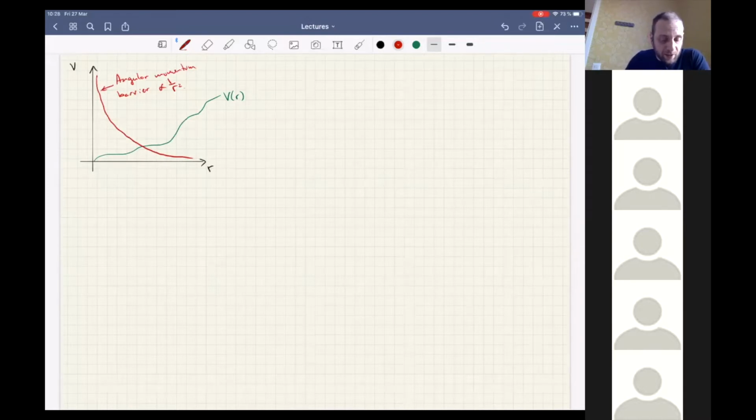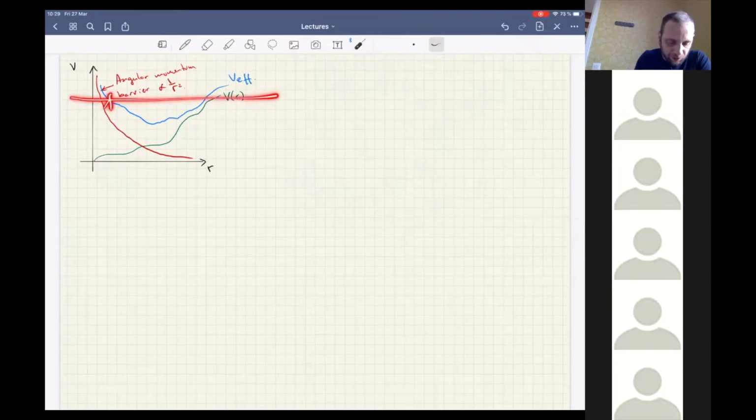So what I said was that this angular momentum barrier generally will stop you from reaching r equal to 0, because the effective potential in total is going to be the superposition of those two. So something like that. So this is V effective. And so if you have an energy like here, you will always have a point like there which you cannot pass.